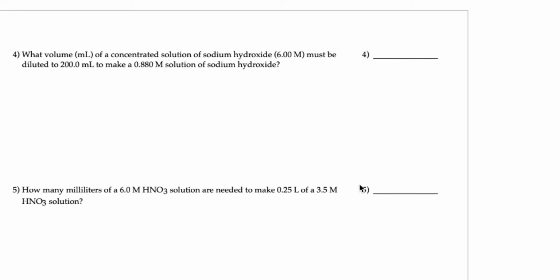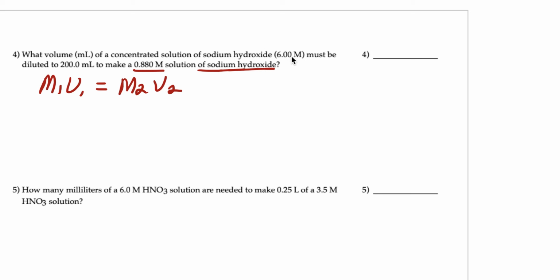What volume in milliliters of a concentrated solution of sodium hydroxide must be diluted to 200 milliliters to make 0.880 molar sodium hydroxide? So this is a dilution, so we use our M1V1 equals M2V2.